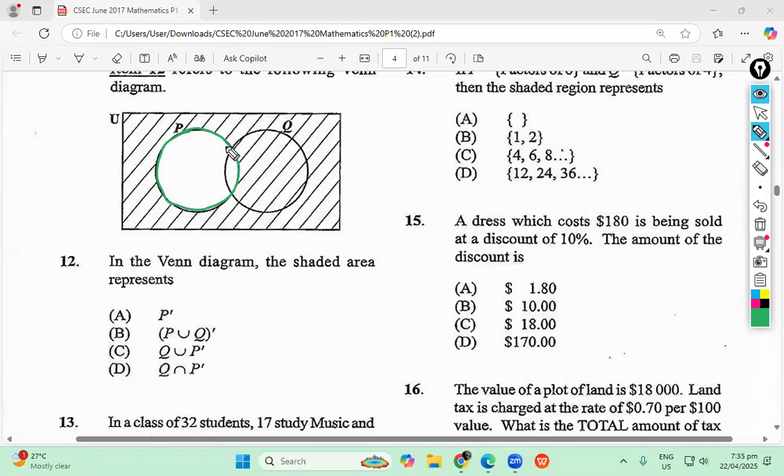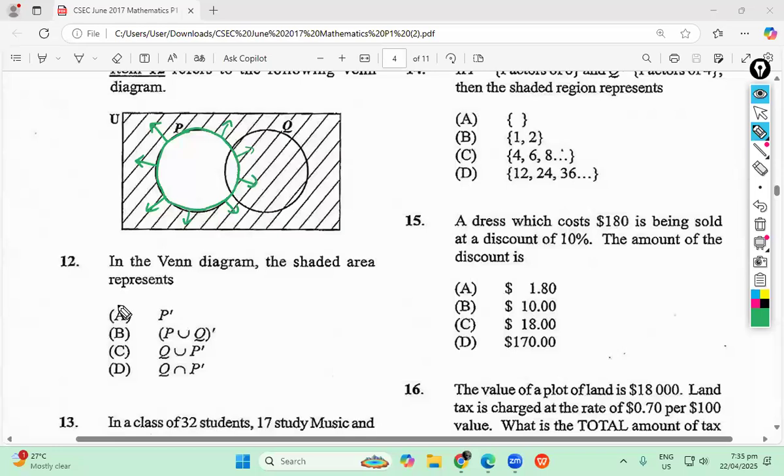Everybody within the P circle is safe from that virus. The only thing shaded is everything outside that circle. So in other words, who dies? If it's a real deadly virus, everyone dies except P.